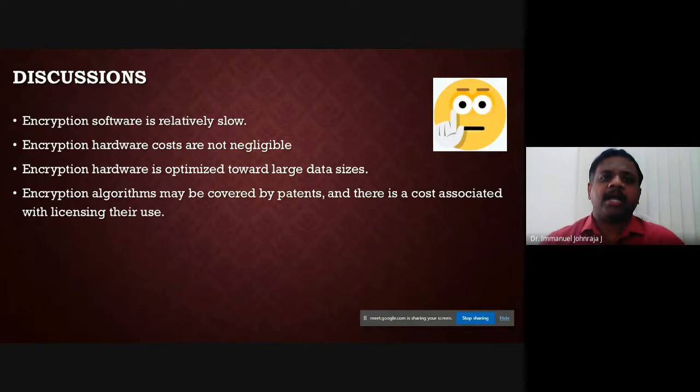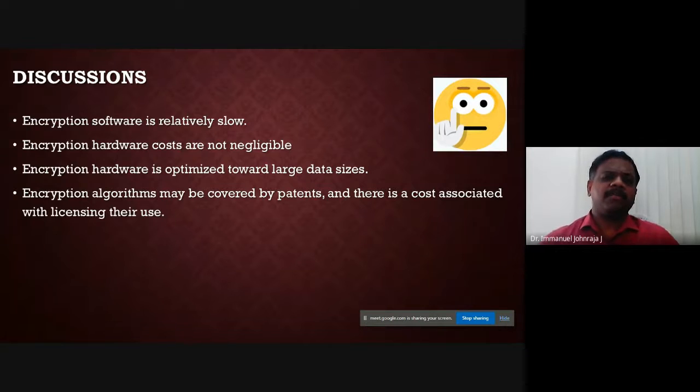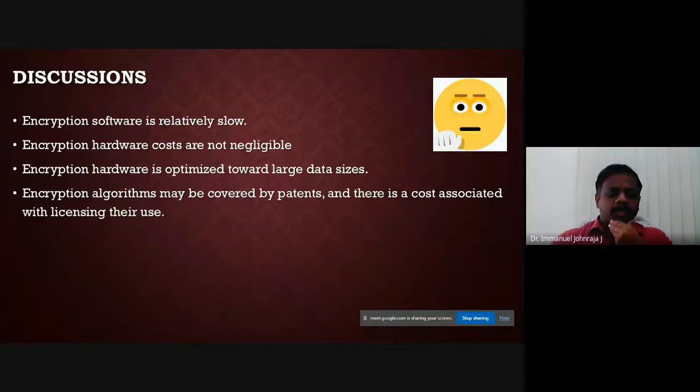The other problem is that, unless they are published like RSA, AES or DES, the majority of encryption algorithms are proprietary and might be covered by patents and other licensing. These are the downsides and limitations of encryption and decryption algorithms. Taking all these points into account, it is better to go for the third option.